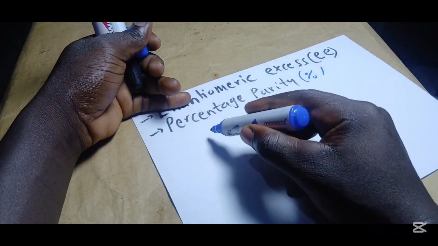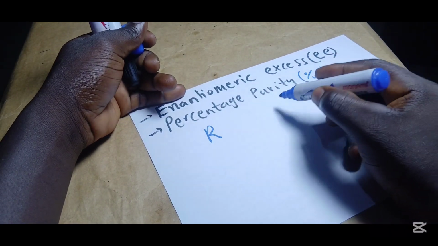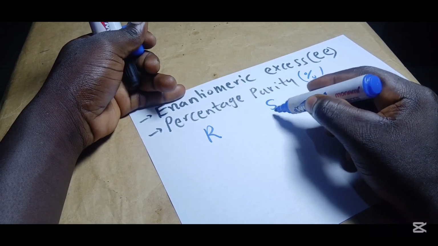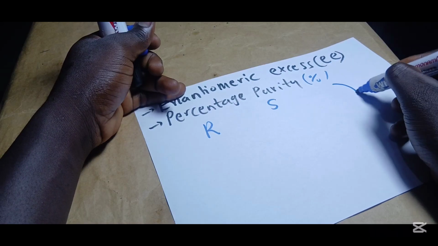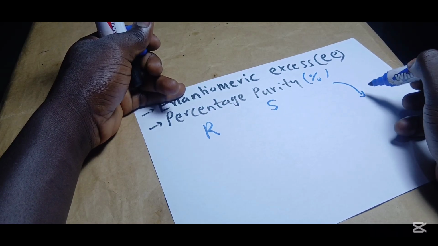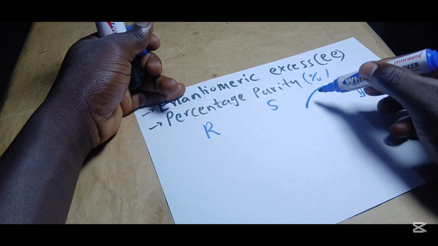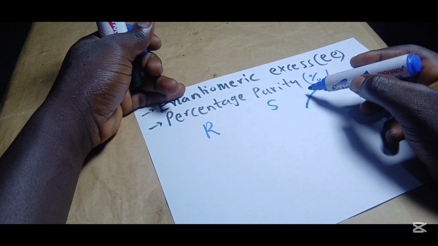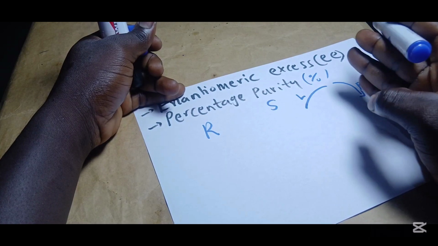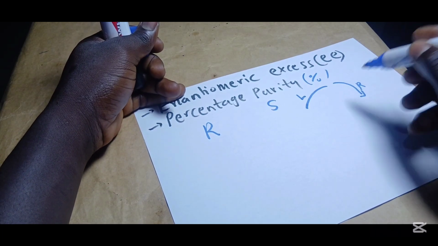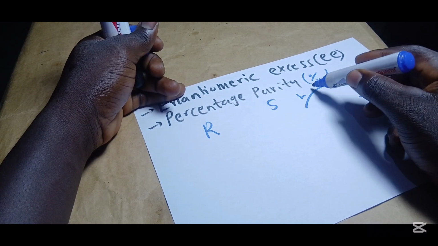In an optically active solution, if I have R and S enantiomers in the solution, let's say the S enantiomer is turning the polarized light to the right, the R enantiomer would be turning the polarized light to the left, right? As one is turning it dextrorotatory, the other is turning it levorotatory.